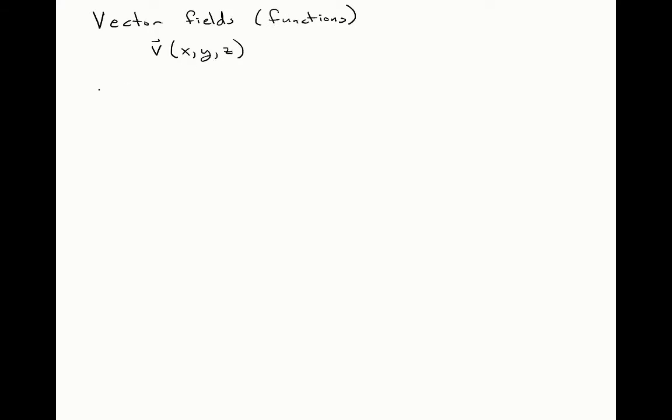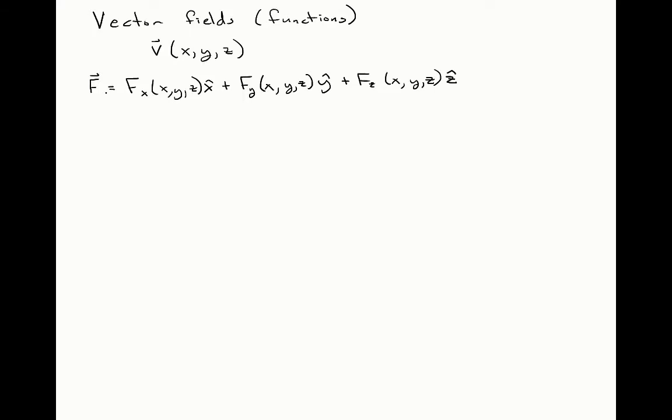I'm just going to write this in a slightly different form. A lot of times vector fields are written with the letter V, sometimes they're written as a capital F, so I'm going to do it both ways just so you're used to using it both ways. I'm just breaking this down so you think a little harder about what this means.